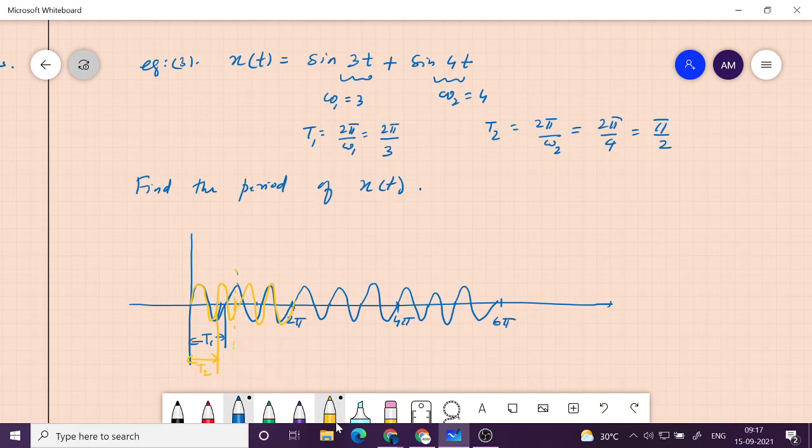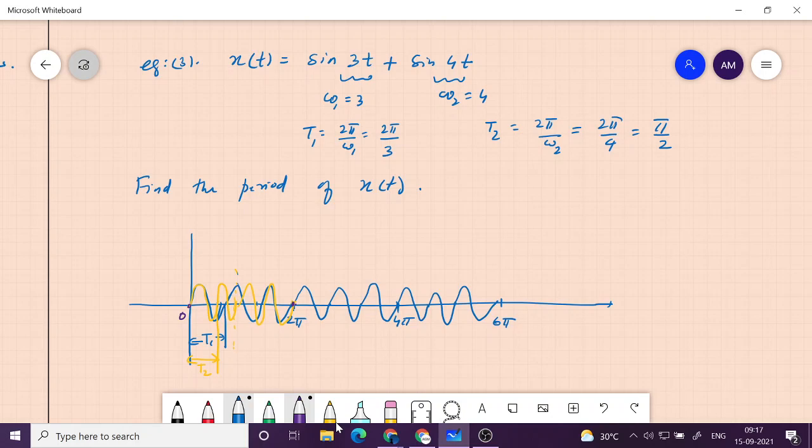We are adding them together, so what is the period of the signal, or what is the smallest value of time after which you have both of them coming together? Definitely you can see that at 2 pi they both become 0 at the same time. Just like at t equal to 0, at t equal to 2 pi you also have both of them coming together.